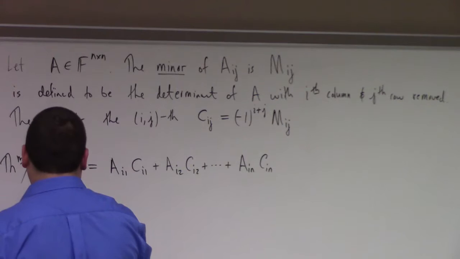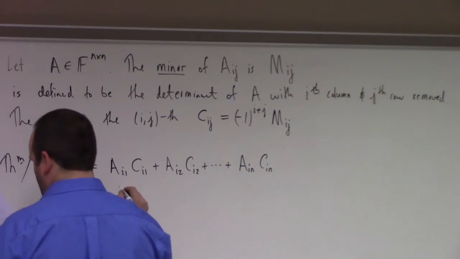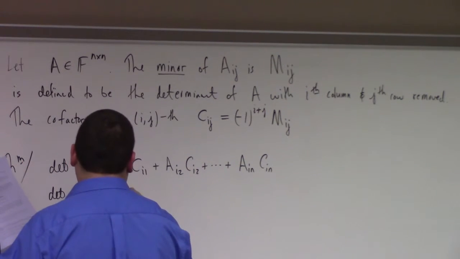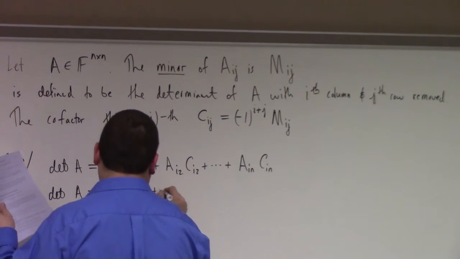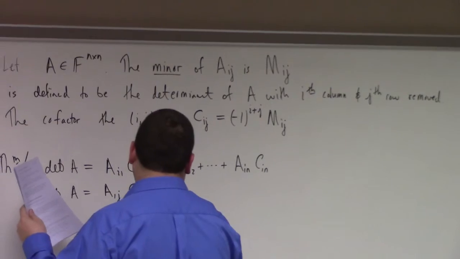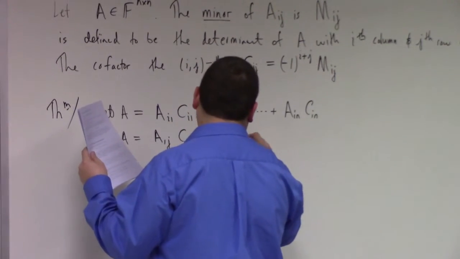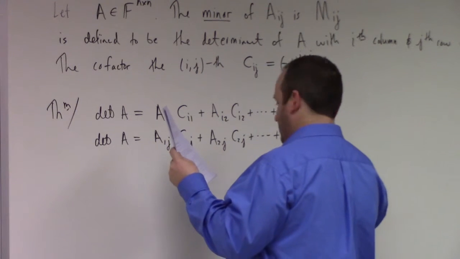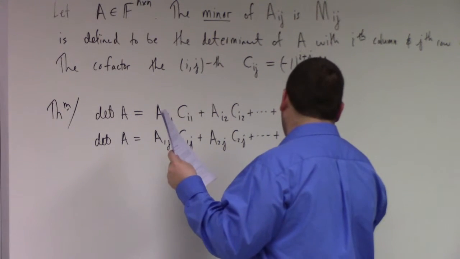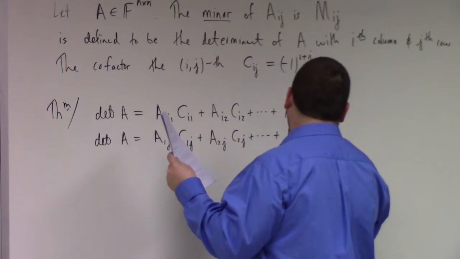And the same is true: you can do A1j C1j plus A2j C2j plus dot dot dot plus Anj Cnj.